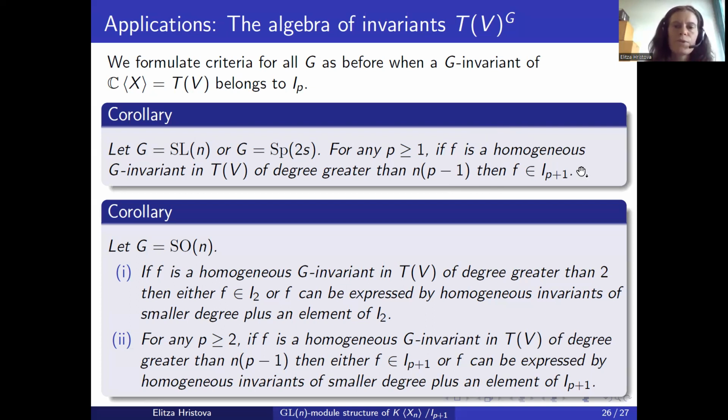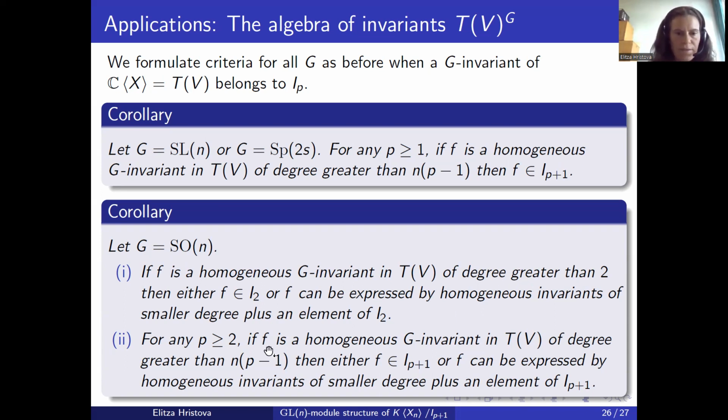This is a straightforward reformulation of our theorems on the bounds of the maximal degree of generators that we had before. There is a similar statement when G is SO_n. If we take a homogeneous G-invariant in the tensor algebra of degree greater than 2, then either this element belongs to the ideal I_2, or F can be expressed by homogeneous invariants of smaller degree plus an element of I_2.